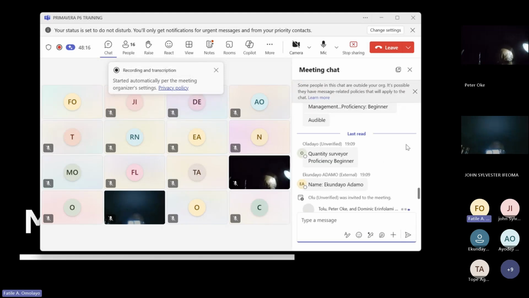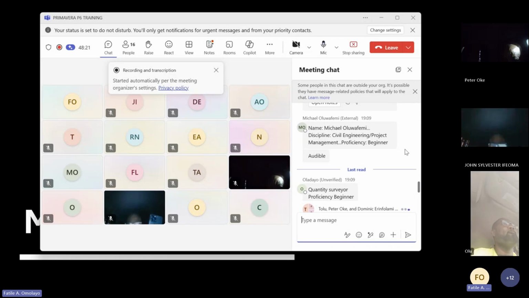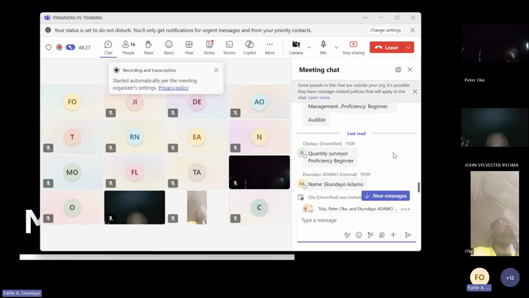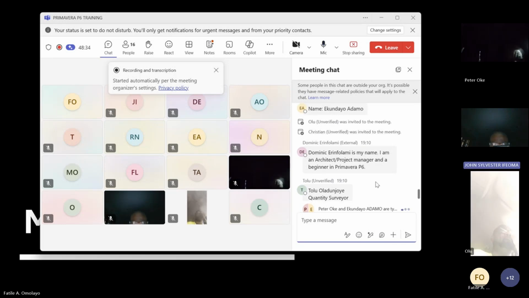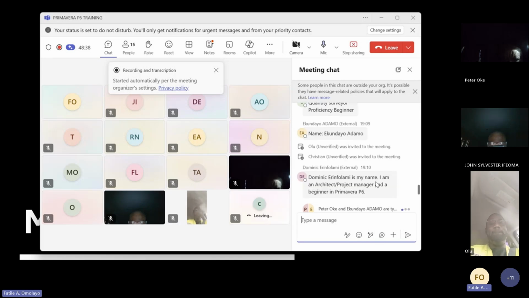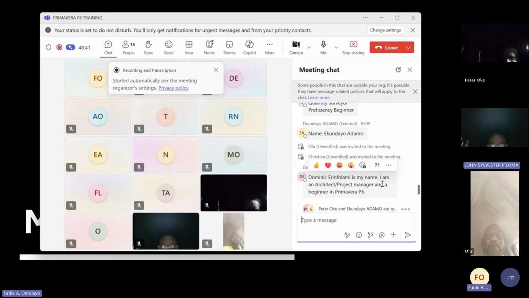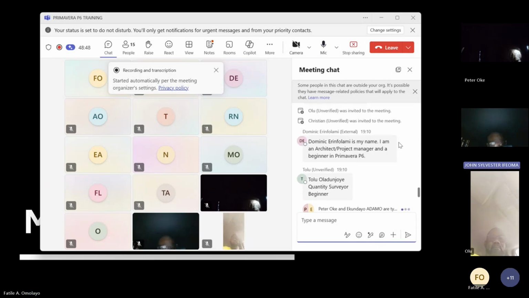Okay, they started coming in. So we have Mr. Michael Uluwafemi, you are welcome, civil engineer, beginner. Mr. Oladayo, QS, beginner. Mr. Ekundayo Adamo, we don't know your discipline.